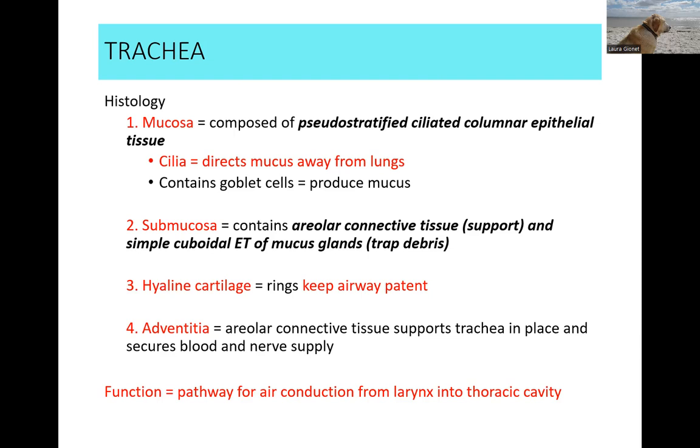The trachea is not a solid tube like piping and plumbing. It has to have some flexibility in it. So that outer connective tissue, again, has the same functions for virtually everything. It helps support the organ in its place. It's a good tissue to secure blood vessels that are entering and exiting, lymphatic vessels, and nerves.